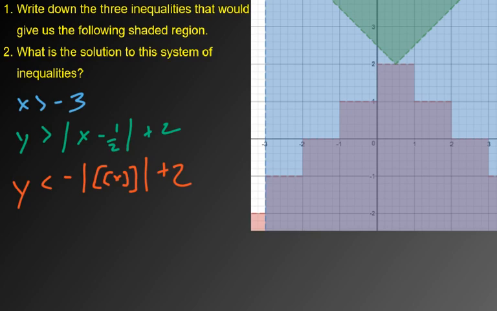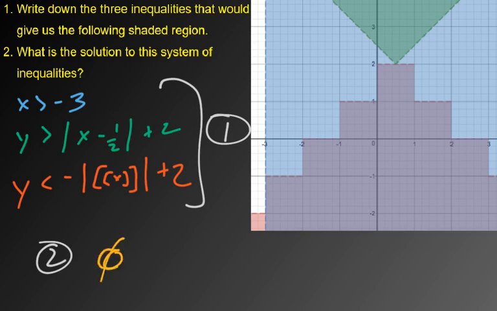And then the second question here, so all of this is question 1. Question 2 says, what is the solution to this problem? And the answer is there's no solution, because this is dotted and this is dotted.